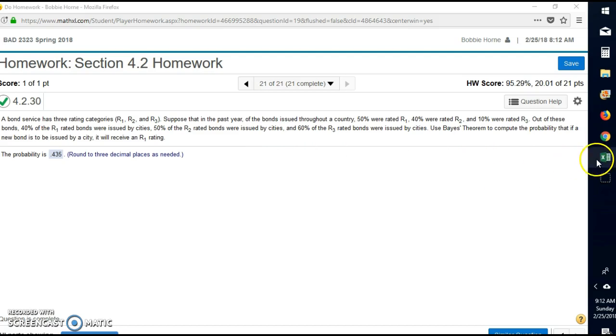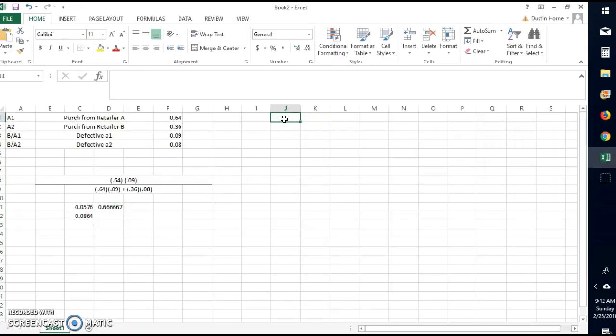So basically, we are going to do the same thing. We're going to call R1 A1, and then we're going to have A2, and then A3. And then we're going to have the probability of B given A1, the probability of B given A2, and the probability of B given A3. Now, we know the probability of it being an R1 bond was 0.5, the probability of it being an R2 bond was 0.4, and the probability of it being an R3 bond was 0.10.